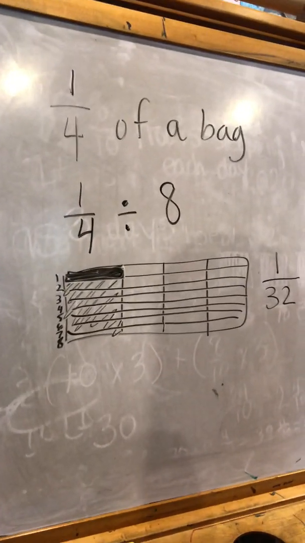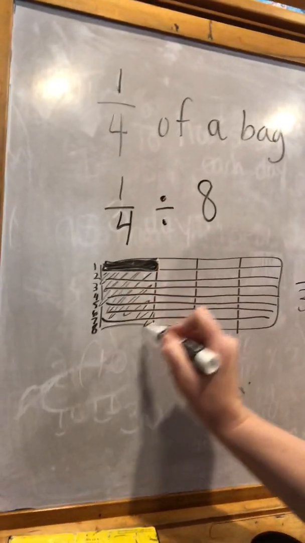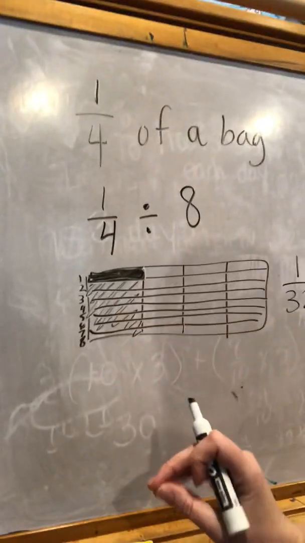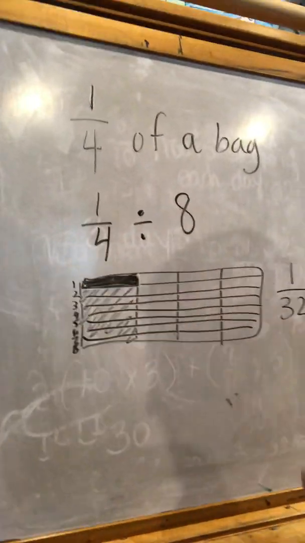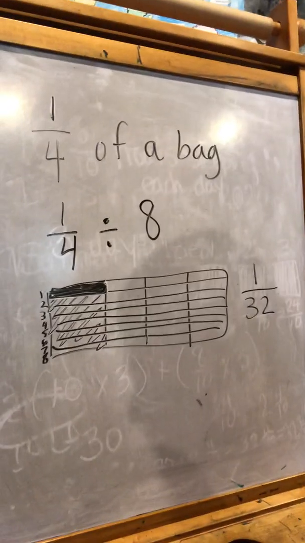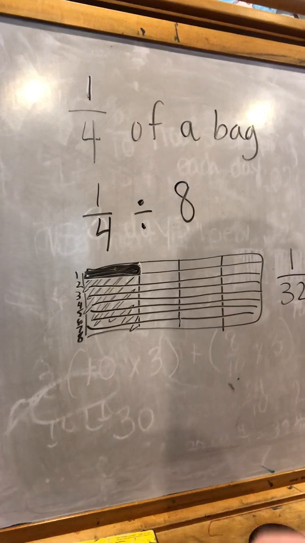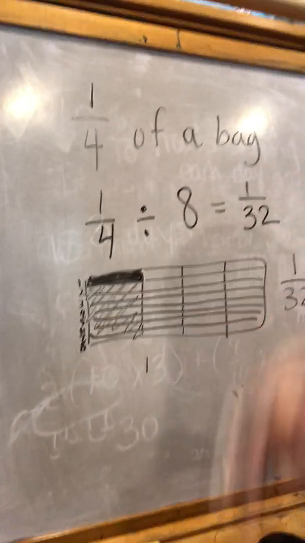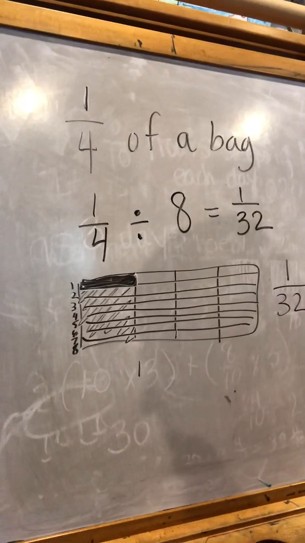So what I really did was take that 1/4 and divide it into 8 groups. And when I did that, it changed the entire bag so that I was dealing with 32nds now instead of fourths. Okay? So my answer here would be 1/32. Each bowl is going to have 1/32 of the bag of feed in it.